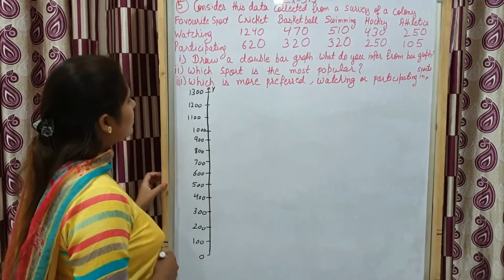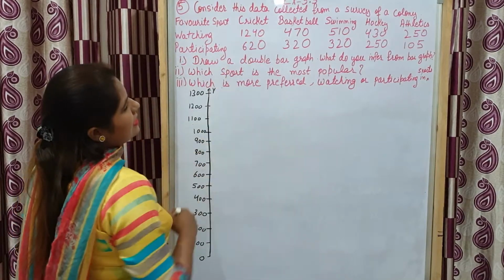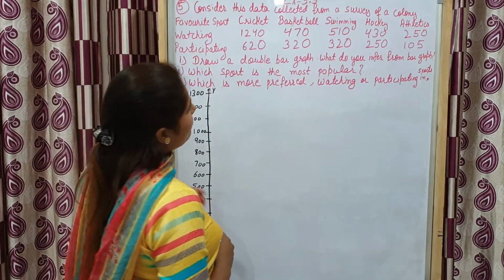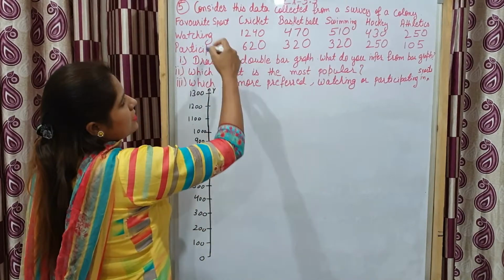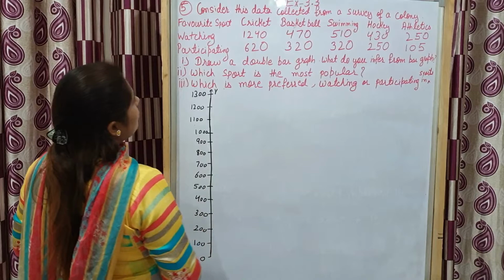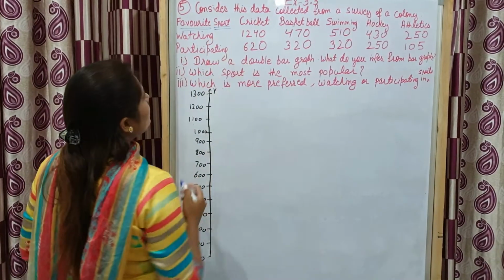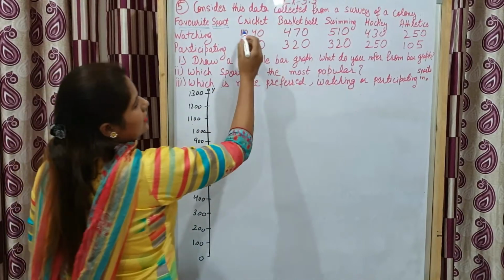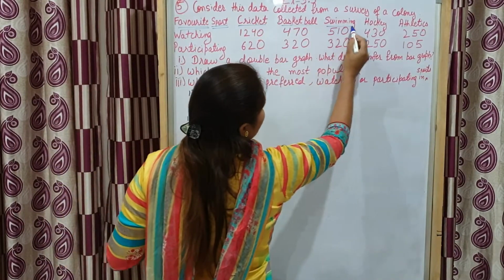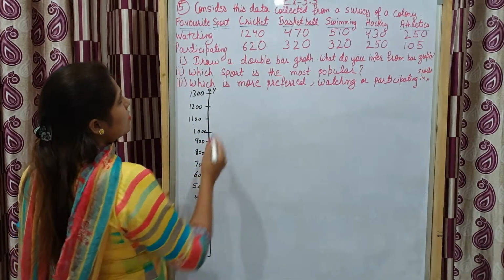Now next question, students, question number 5. See what is the question. Consider this data collected from a survey of a colony. Now the survey has been done and they collected some data. See here, favorite sports: cricket, basketball, swimming, hockey, athletics. These sports are given to you.